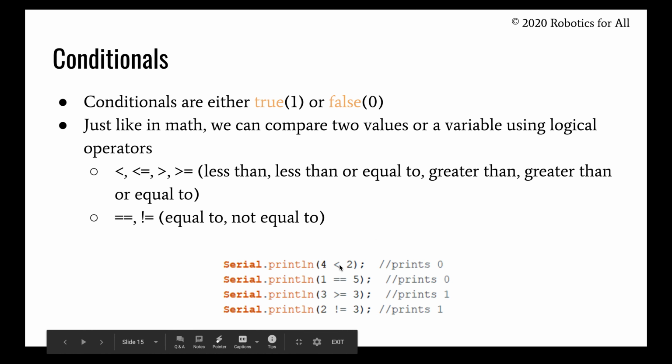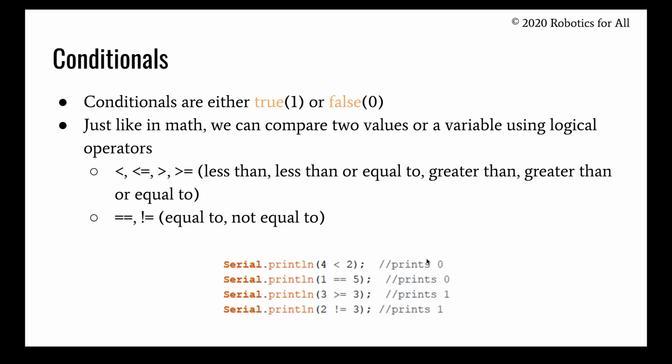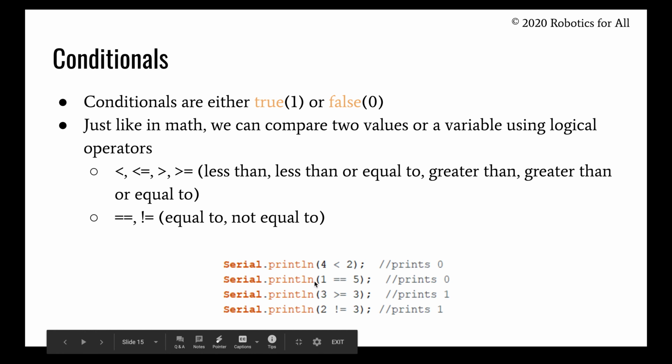So 4 less than 2, that's not true, so it prints 0, which means false. And here it's asking if 1 is equal to 5, and that's false, so it prints 0. Here it's asking if 3 is greater than or equal to 3, that's true because 3 equals 3, and so it prints 1. And it's asking if 2 is not equal to 3, which is true, so it prints 1.